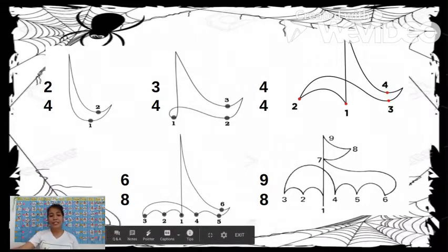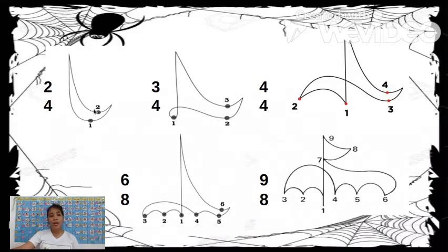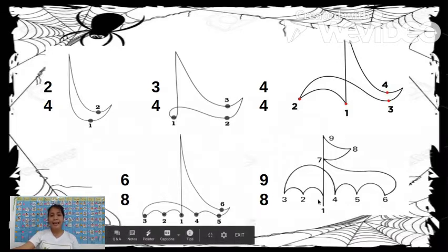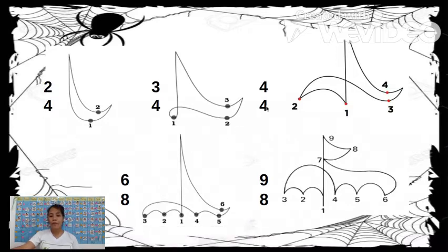So we have different types or techniques in beating. Conducting, we have 2/4, 3/4, 4/4 time signature, 6/8, 9/8. Now 6/8 and 9/8, this is different. 2/4, 3/4, 4/4, we call these simple time signatures.